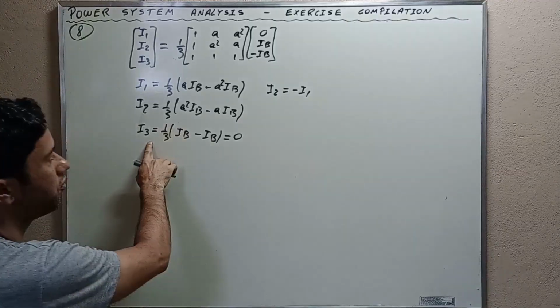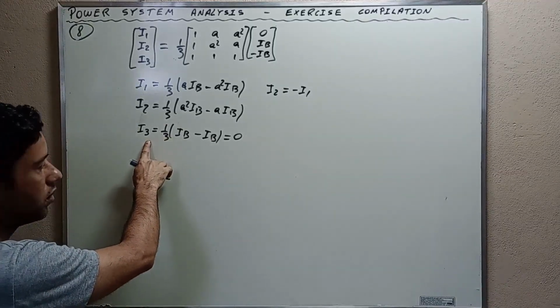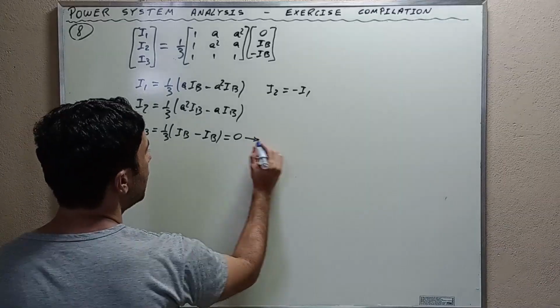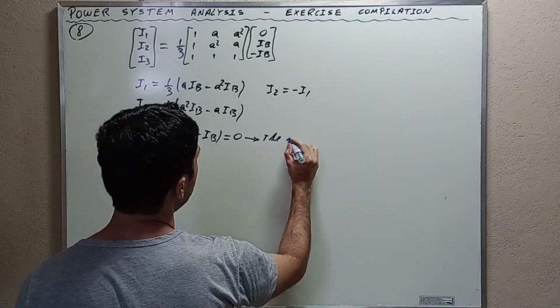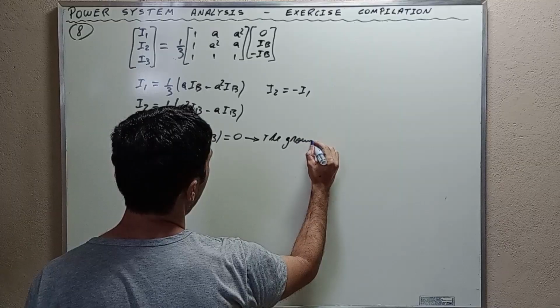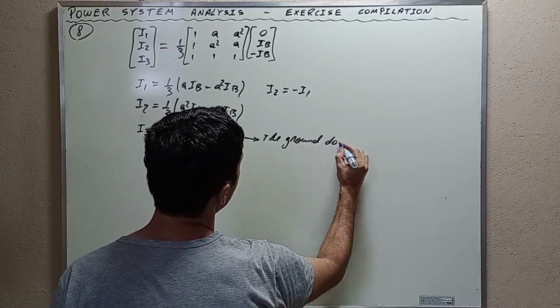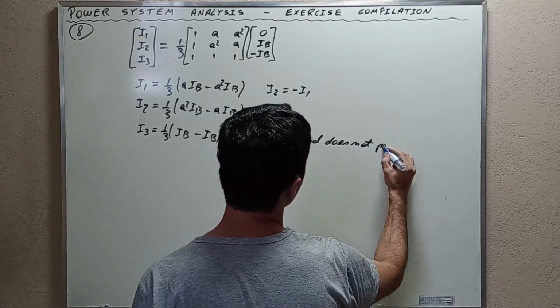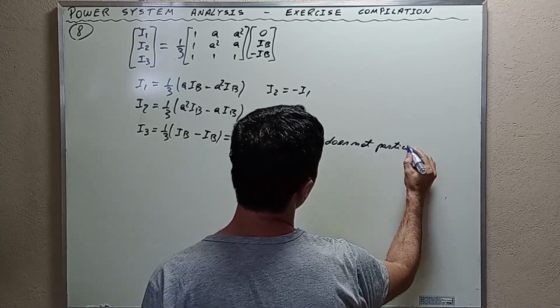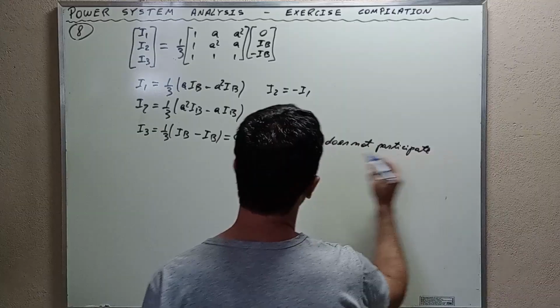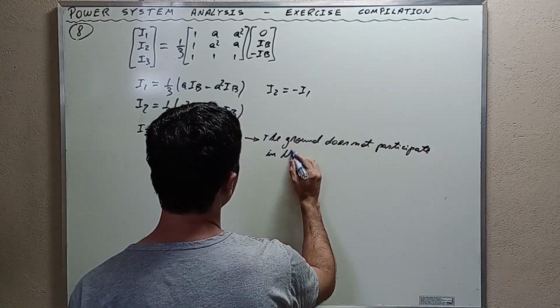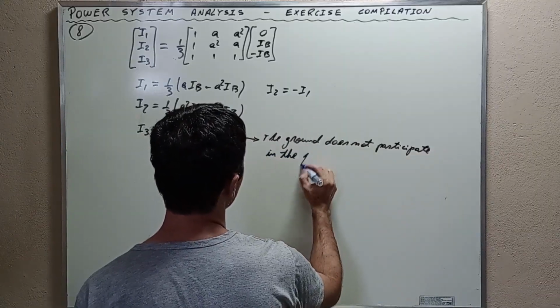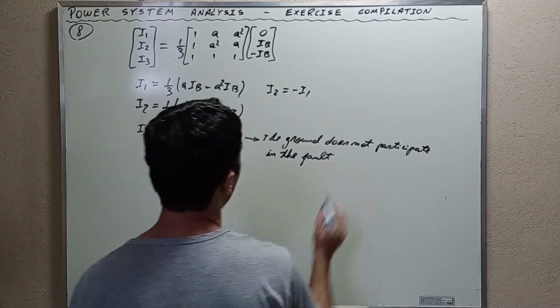When I3 is 0, it means that the ground does not participate in the fault. Okay?